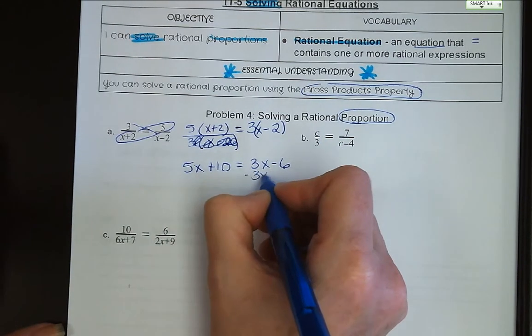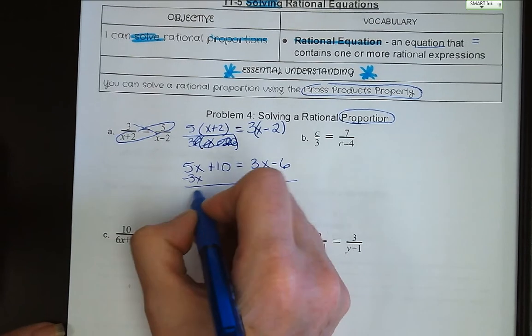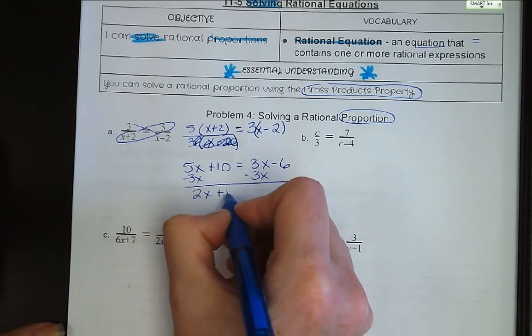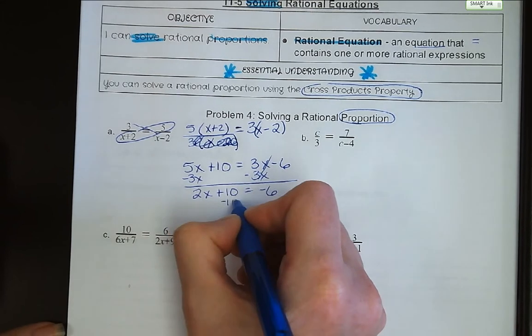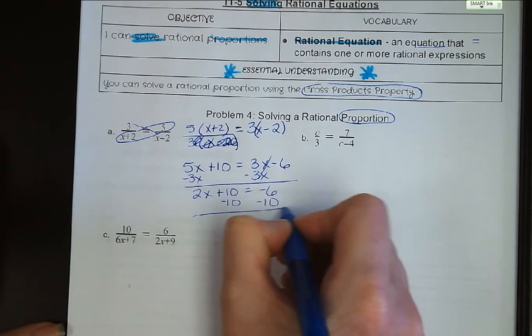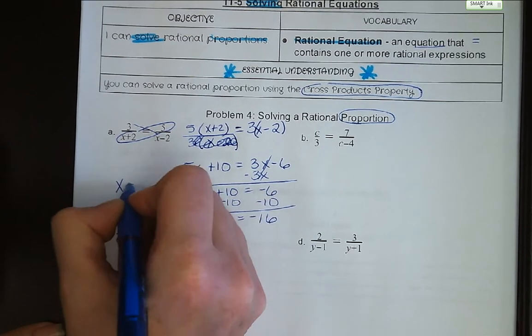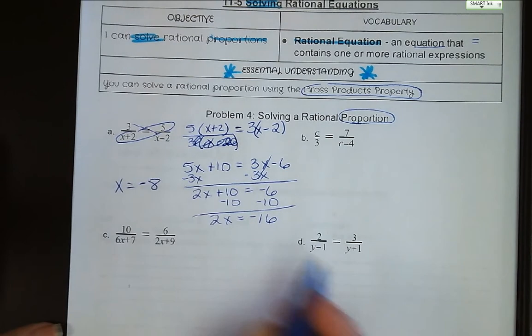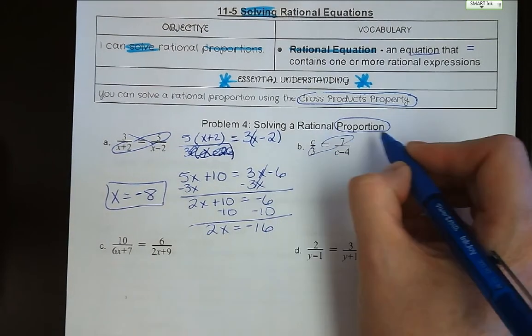And now we're back to chapter 2, like the first half of chapter 2, where you're solving for a single variable. So you subtract 3x from both sides, and subtract 10 from both sides. You got 2x equals negative 16, so x equals negative 8.